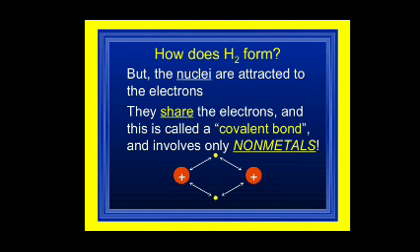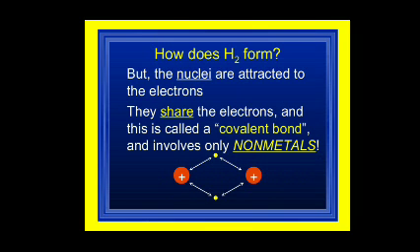Thus, both the atoms have two electrons in their valency cell, as in the helium atom. Although the total number of electrons in the molecule is only 2, one pair of electrons is involved in bonding.